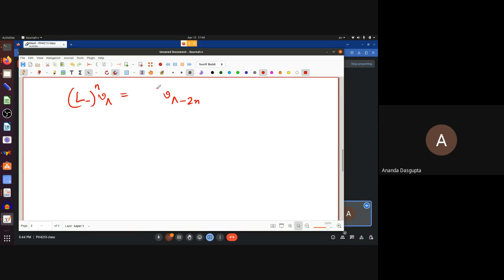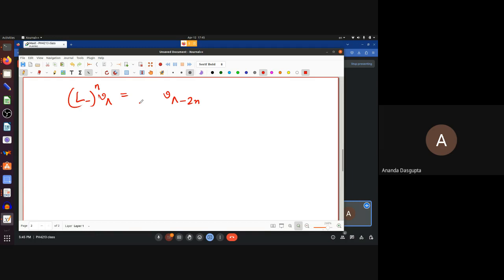Does this make sense to you now? If the constant in front could be chosen to be anything, and I have nothing to gain by choosing it to be something complicated like a square root over L plus 2n into L minus 2n plus 1, or something like that, if I don't have any advantage to be gained from them, then why don't I just use 1, which is the simplest possibility?